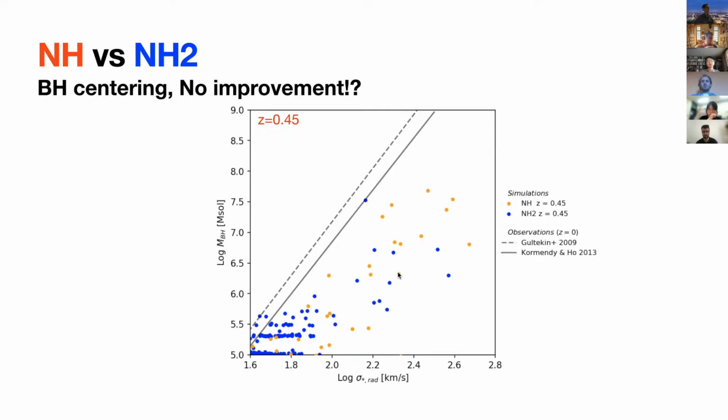New Horizon versus New Horizon 2, we don't see any improvement. And I can talk hours and hours on this. In the calibration, it worked fine, but in the real simulation, in the whole entire volume simulation, we didn't see the thing we expected from the calibration. So we are really puzzled at the moment.